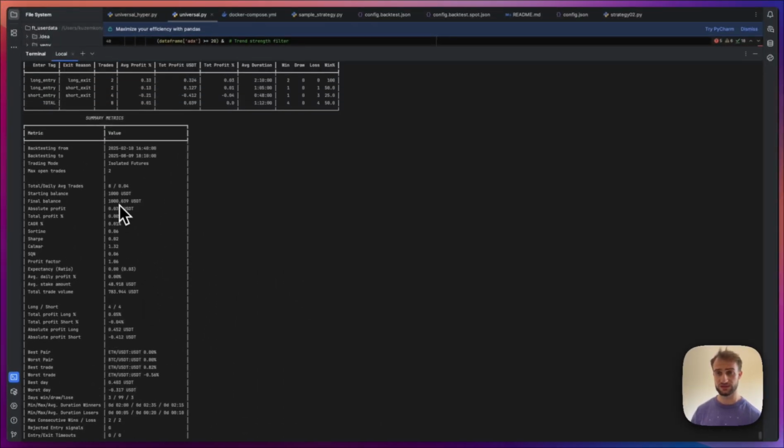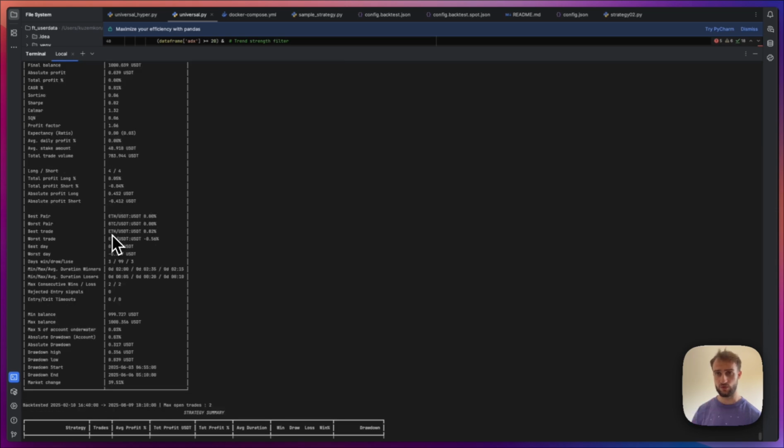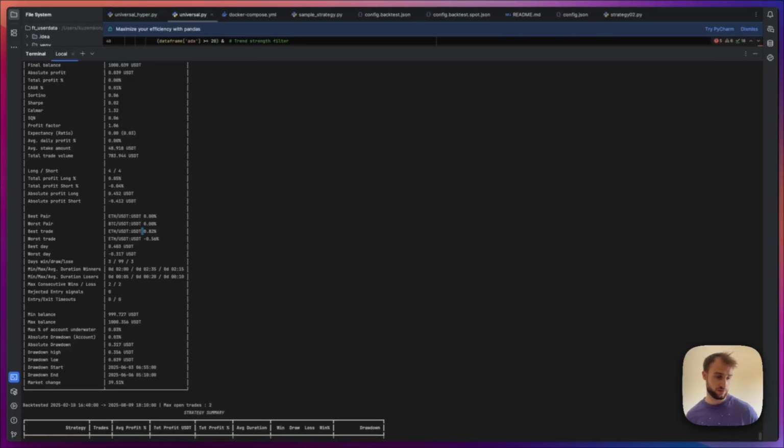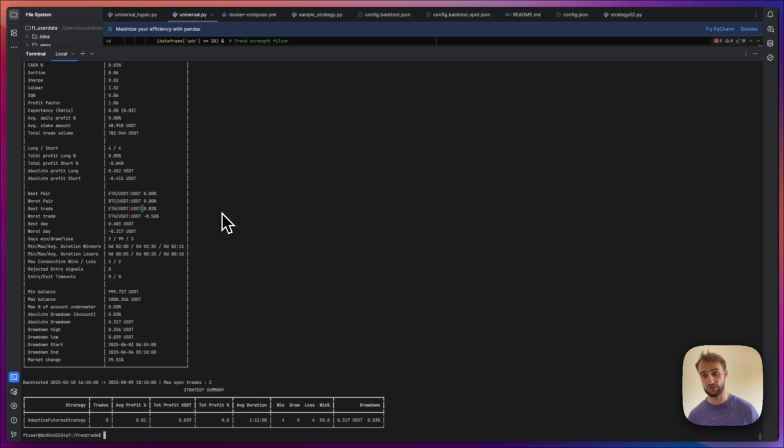What we can see is that one pair was both the best and the worst pair in the trade. So basically we made some profits, but also made some losses. The period of time was pretty volatile, so it had a strong bullish period, but the market wasn't stable and we still haven't made anything so far.